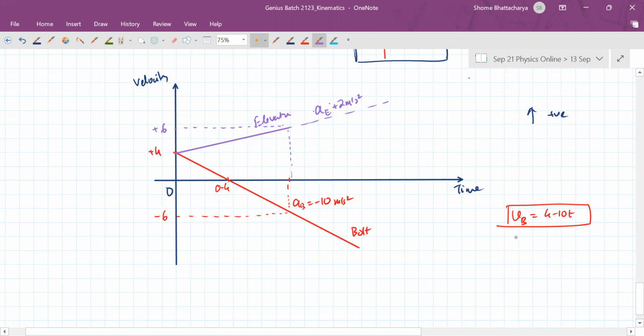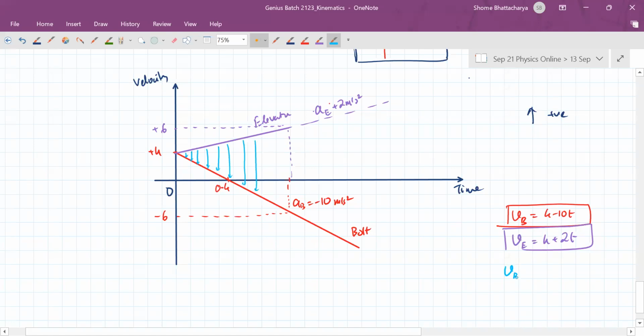So you can see that this relative motion is always increasing with time at any instant.